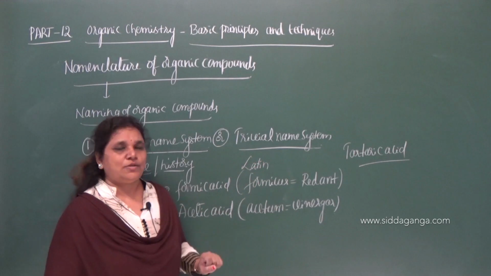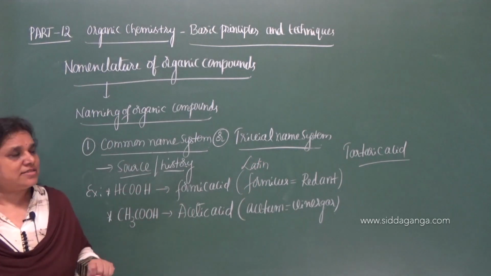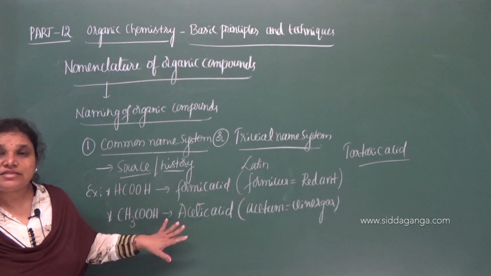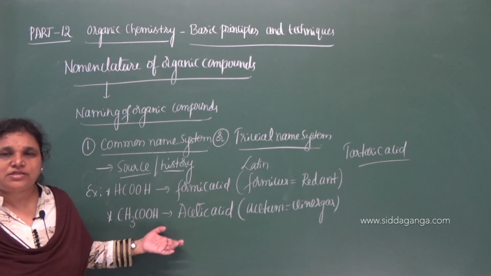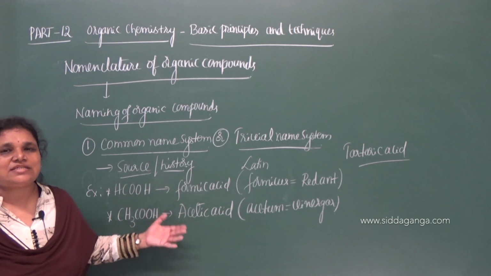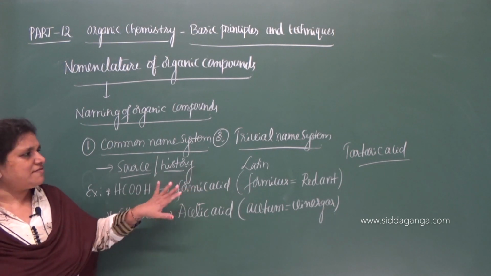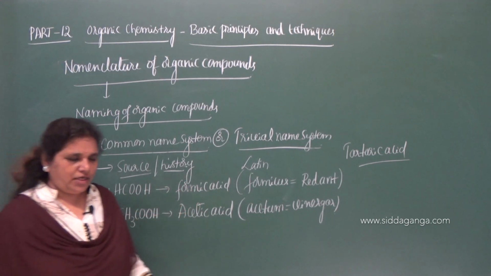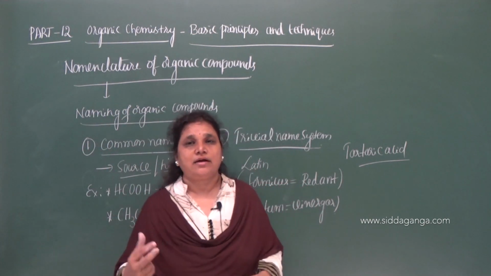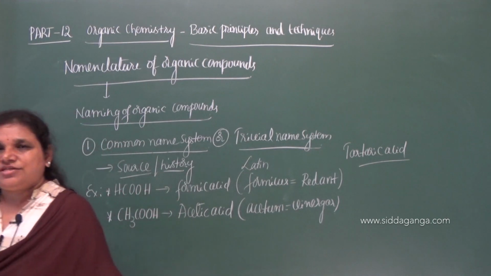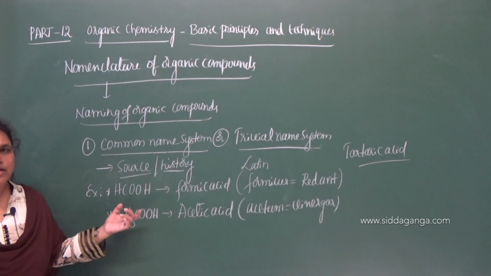Tamarind is the source of tartaric acid, and hence the name tartaric acid. Citric acid: why do we call that acid citric acid? Because it is derived from citrus fruits. So on the basis of source or history, if we give a name to an organic compound, then that name is called common name or trivial name.